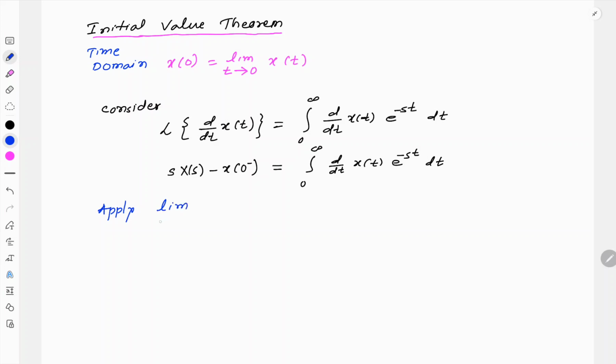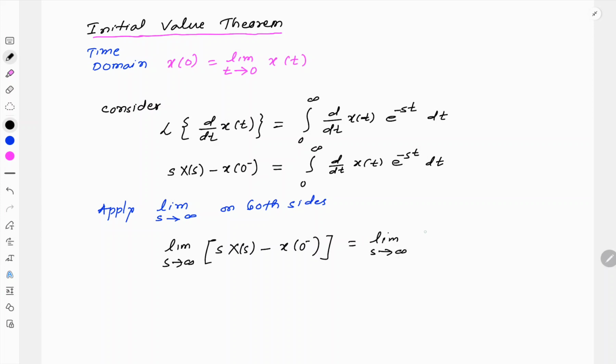So limit s tends to infinity. On the left hand side we have s into x of s minus x of 0 minus, and towards the right hand side it is limit s tends to infinity, integration 0 to infinity d by dt of x of t into e raised to minus st dt.